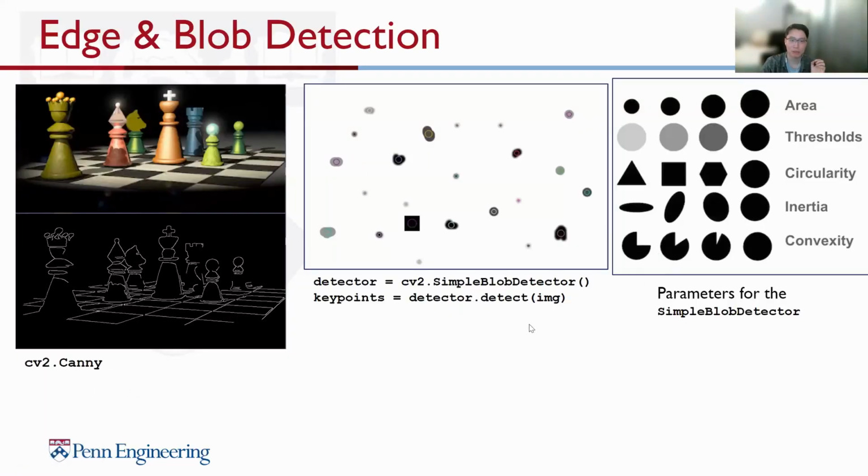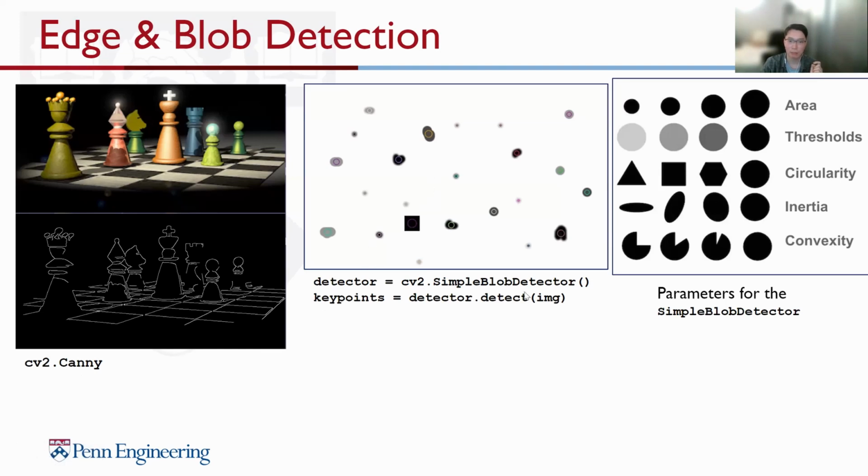Here I'm just showing you two very important functions that are very convenient to use in OpenCV. First is the Canny edge detector. A lot of you probably know this. With the right parameters, you can get any high contrast edge, and you can work on the edges if you want to detect or measure something.